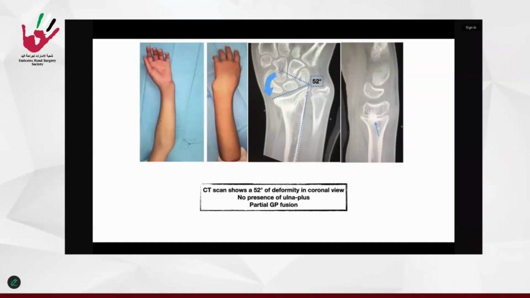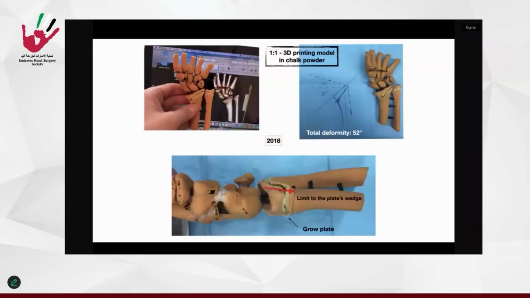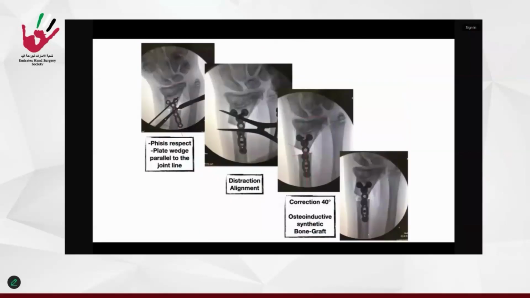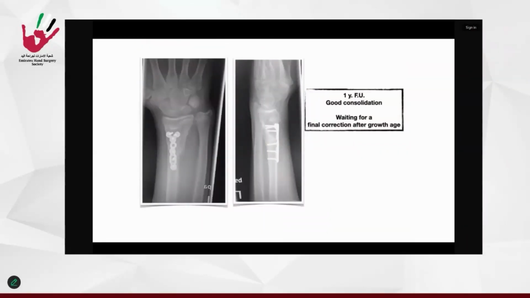So this deformity has to be approached with an osteotomy. But if we have a 3D printing model like this one that I made some years ago, I can simulate the osteotomy. I can decide the distance between the joint and the growth plate, and the growth plate and the plate. So when I go to the surgery room, I already know which plate to use, where to put it, and the distance of the plate to the growth plate and the joint.